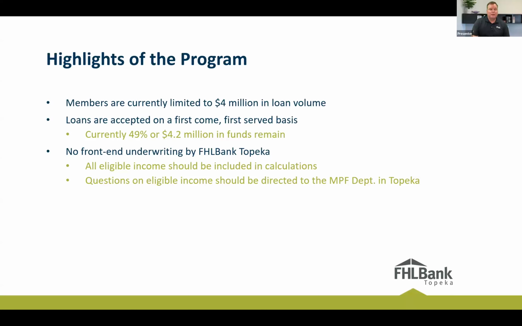But there is still plenty of funds to utilize for this product. So while, as I mentioned at the beginning, we opened this product up in February, you're not behind in the sense that there's still plenty of opportunity to use this product.